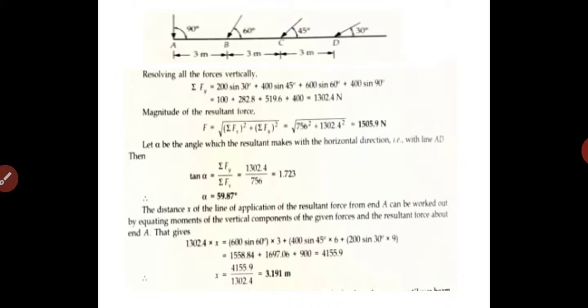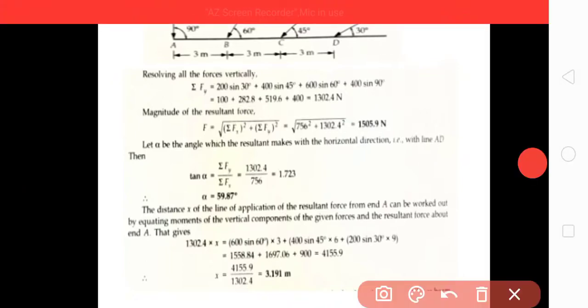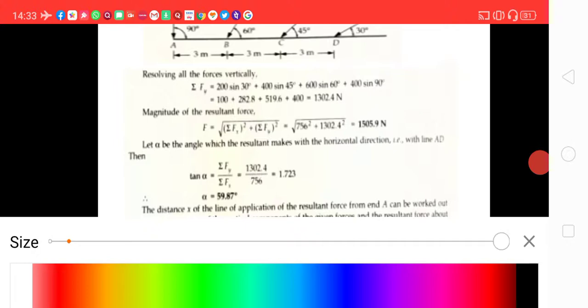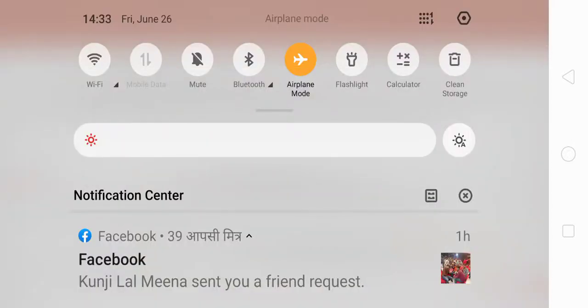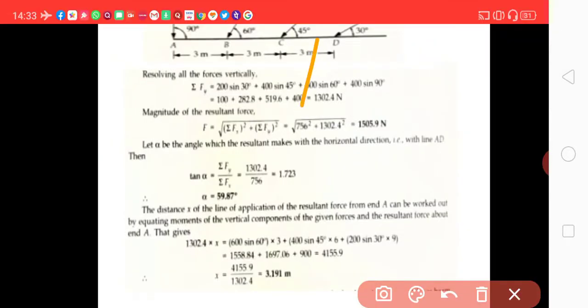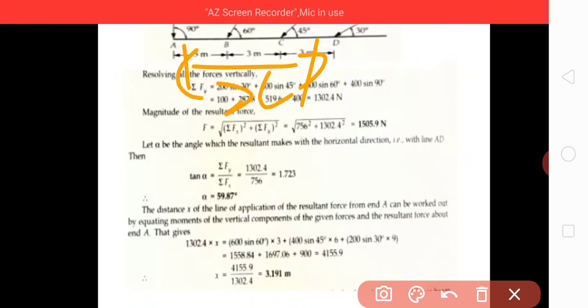So 1305.4 into X. Let it be passing through this point. This distance is X. So 1305.4 into X is equal to 600 sin 90 into 3.